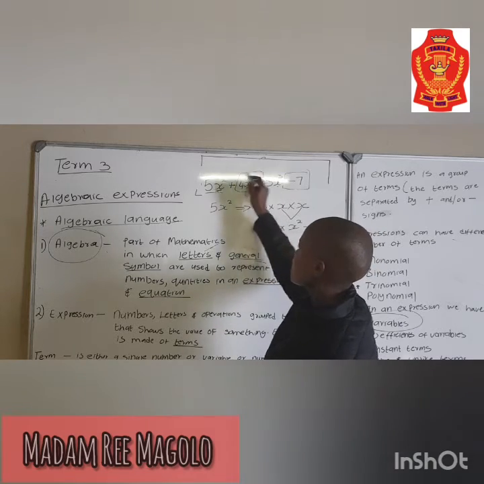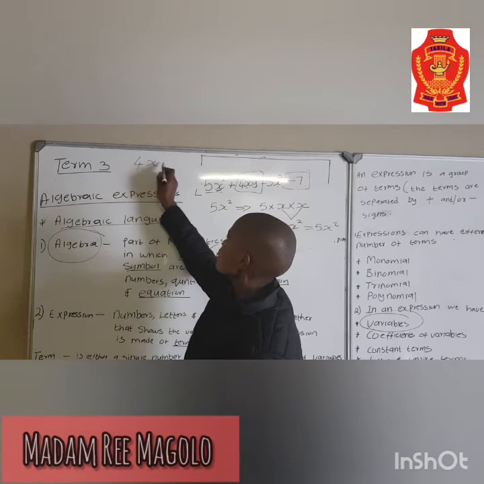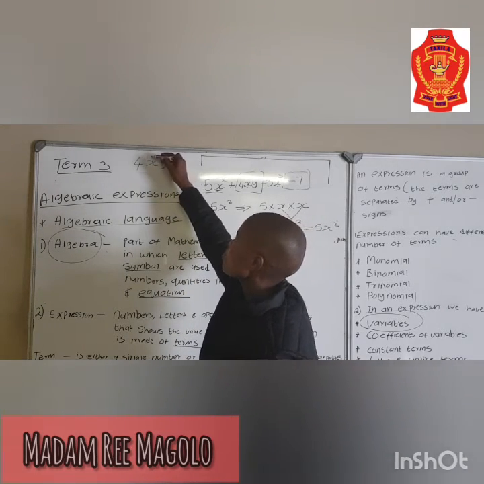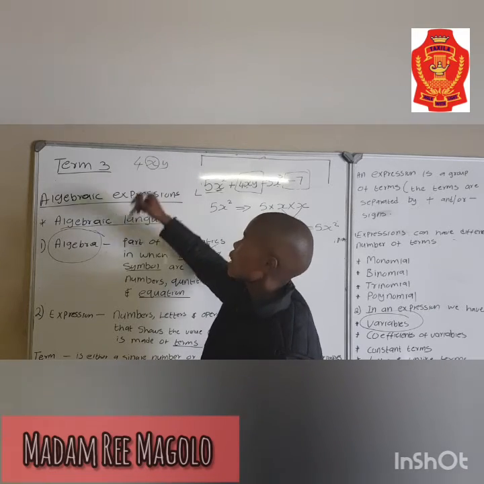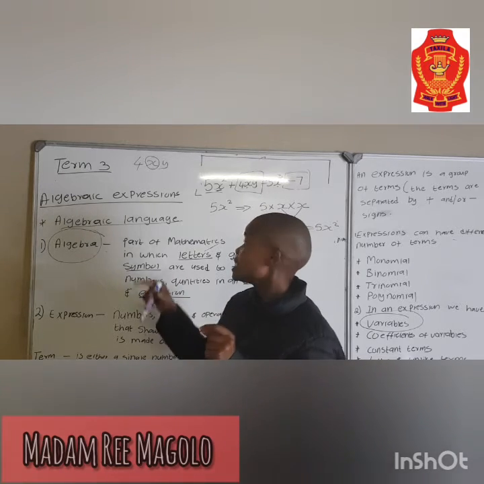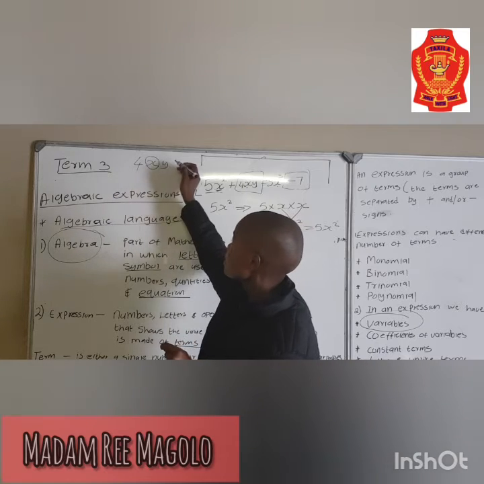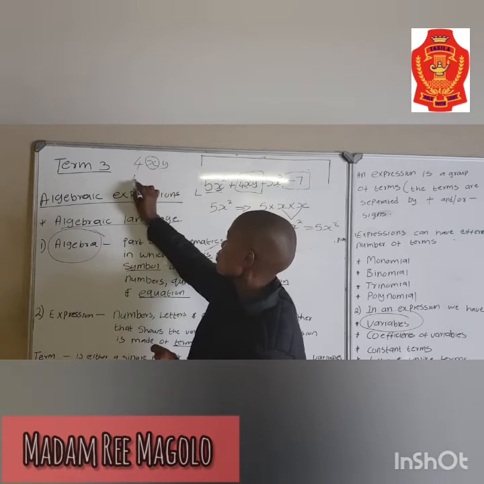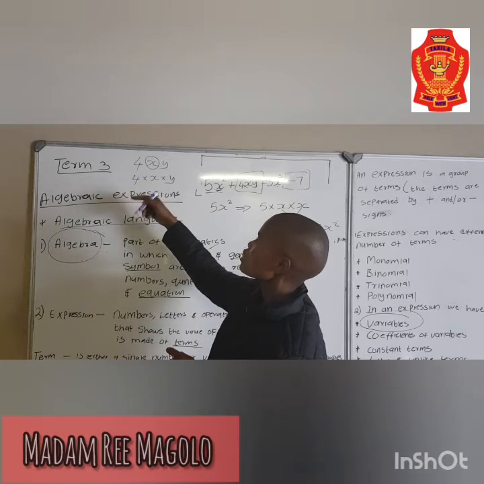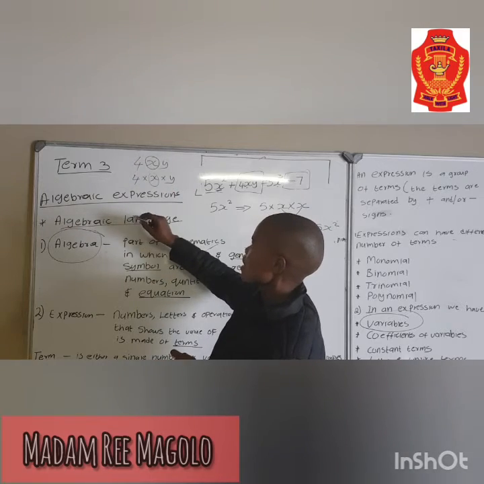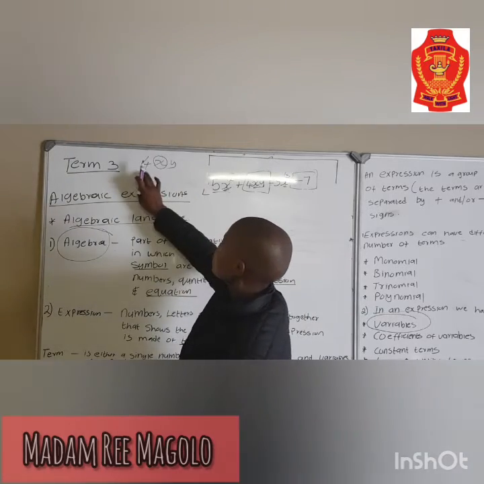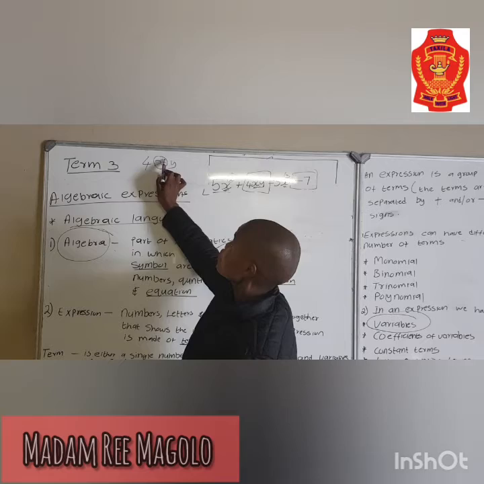And let me go to the second term, whereby I have got 4xy. Remember, this term originates from 4 multiplied by x multiplied by y. So if they ask me what is the coefficient of x, I'm checking what is it that multiplied the x.